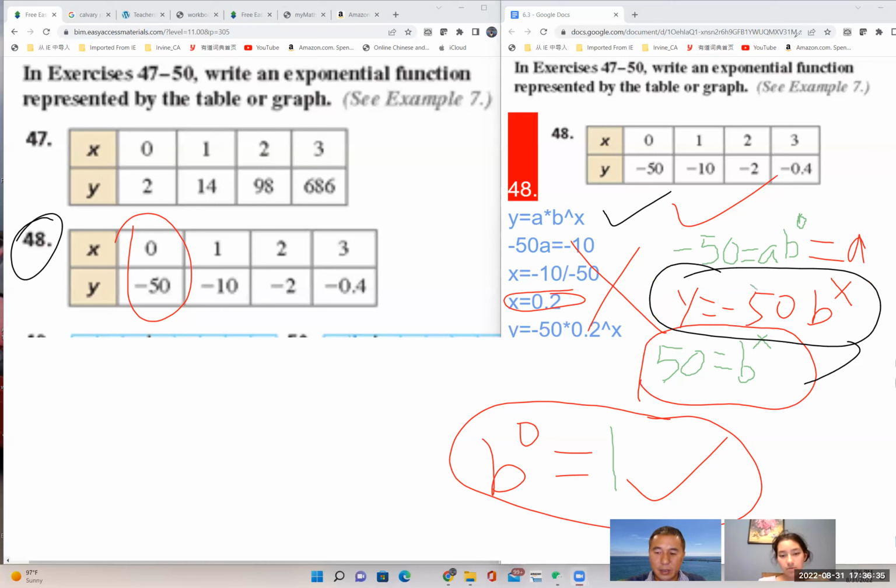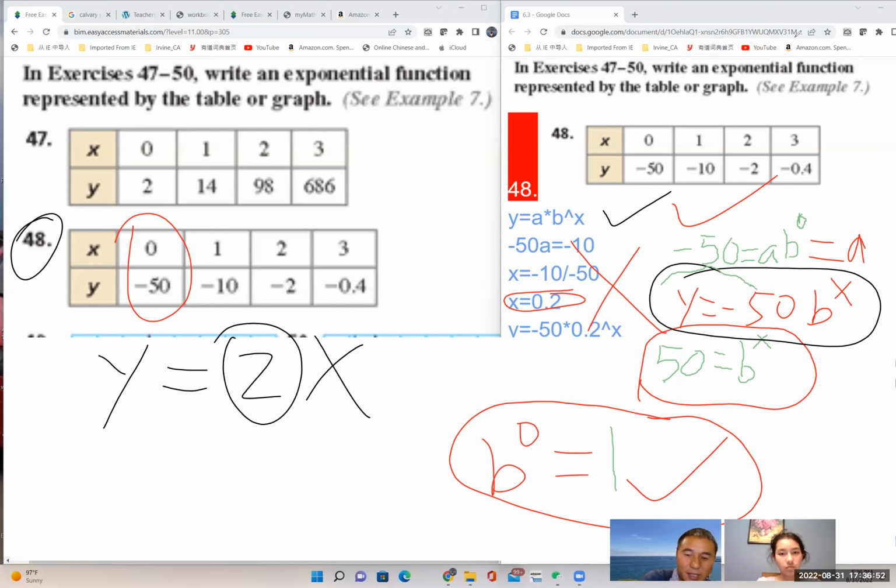I moved 50 over here. Okay, here has something wrong. For example, if we take y equal to 2x, do you mean you move 2 to the other side? Or if it's negative 2, then you have y plus 2 equal to x. Do you mean this?